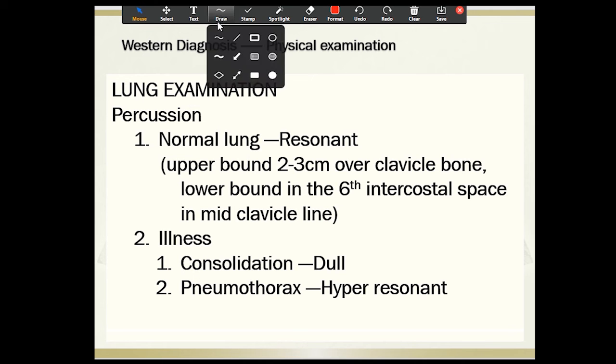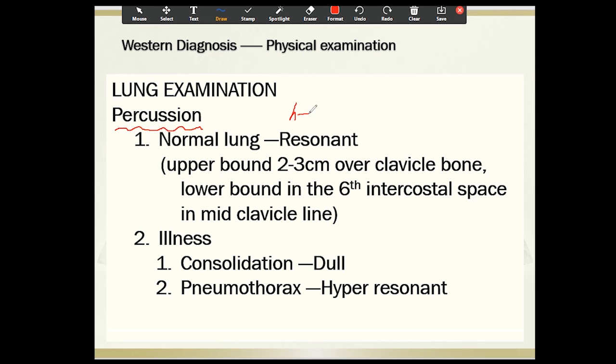When we talk about lung percussion, we use our hand, put it on the patient's body, and then hear the sounds coming from the patient. Percussion on different parts of the patient's body, the sounds will be different.